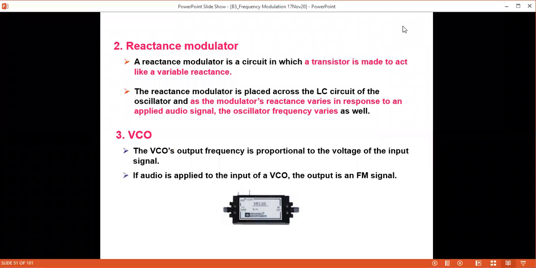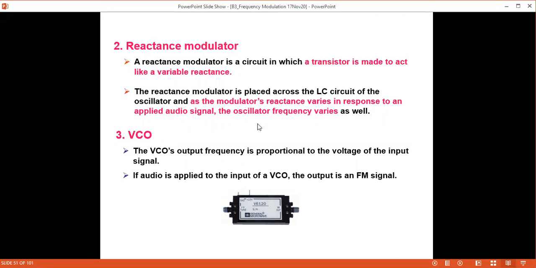For the other methods such as reactance modulator and VCO, the concept is very similar. If varactor uses a diode, the reactance modulator uses a transistor. If we place our modulating signals at the input of our reactance modulator, the modulator's reactance will vary in response to the applied information signal.